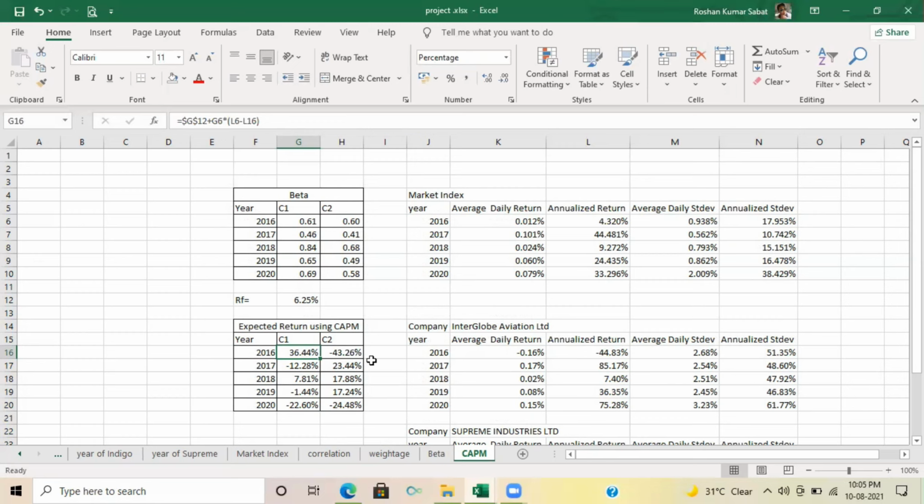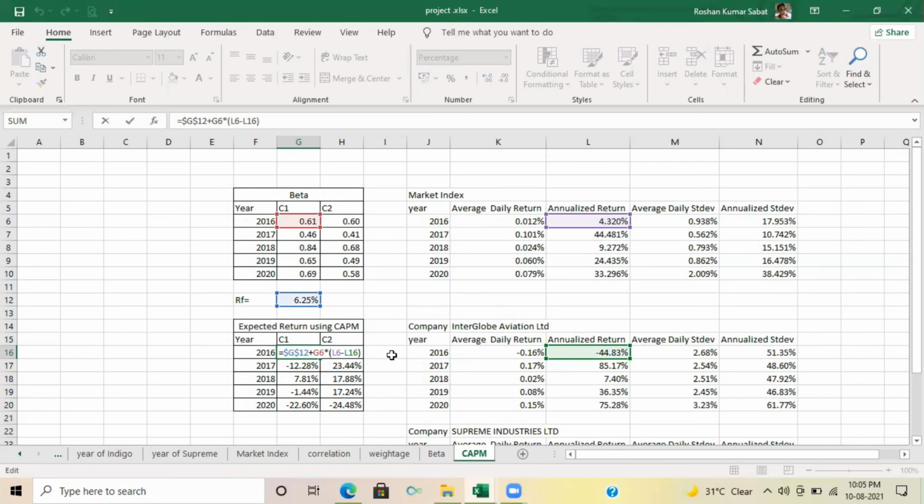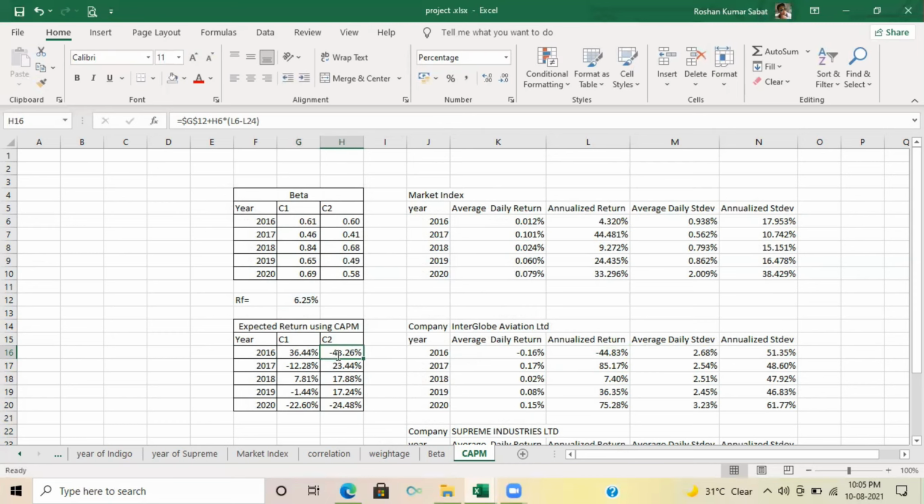Same, you can calculate it for the second by the same process. The RF will be fixed, so to fix it I use the dollar sign over here. By using the dollar sign, it cannot be changed for the whole range up to 2020, even if you shift it sideways or downward.